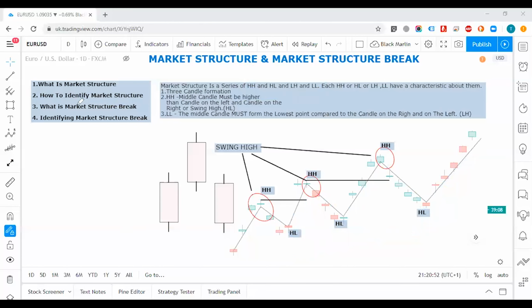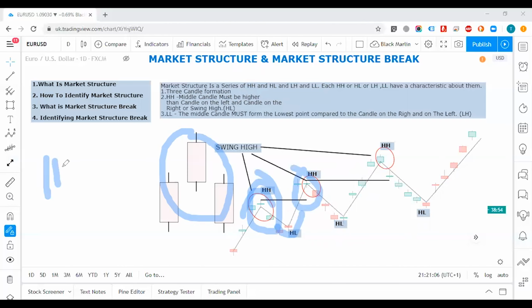So we identify a market structure by just looking at the swing highs and the swing lows. Check out the three candle formation. If we have it in there, then it's perfect. If the middle candle is lower than the one on the left or on the right, we don't take it as a swing. So that could be ignored.